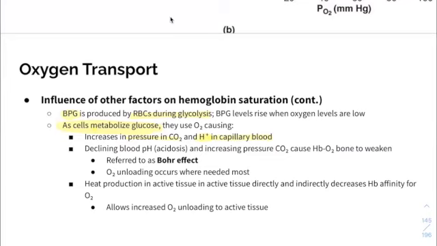So if we get too much hydrogen, that pH goes down, causing acidosis. We increase pressure in carbon dioxide, causes that hemoglobin oxygen bond to weaken. That whole thing is called the Bohr effect.